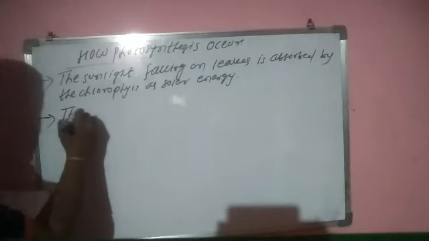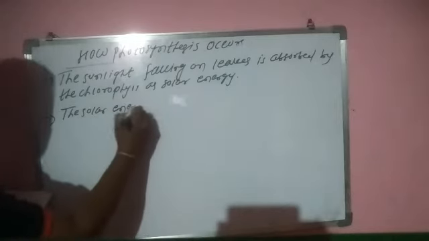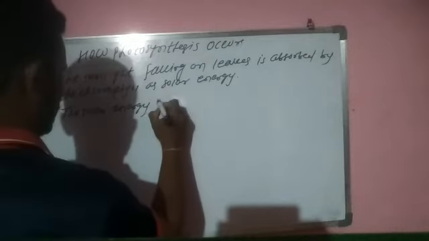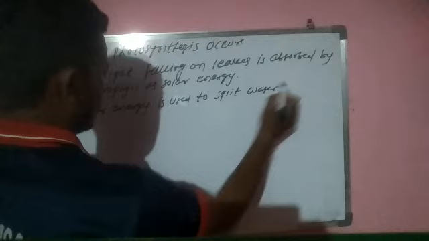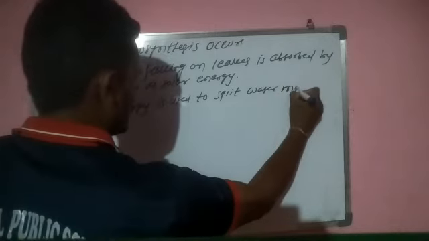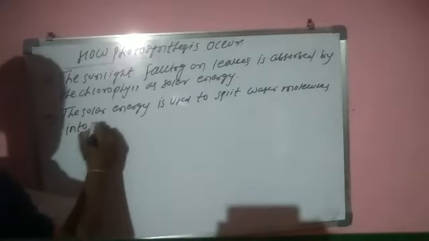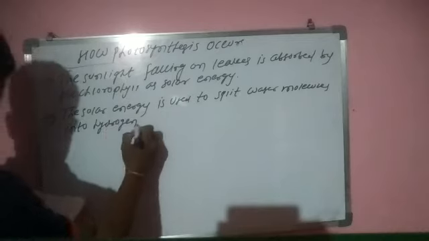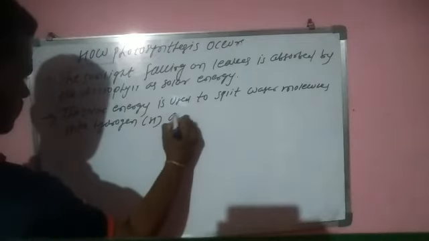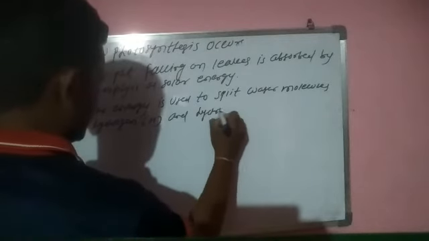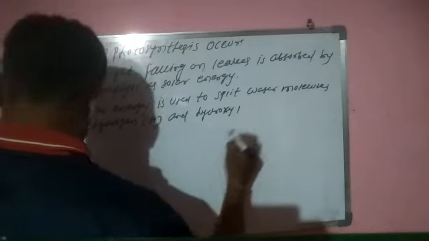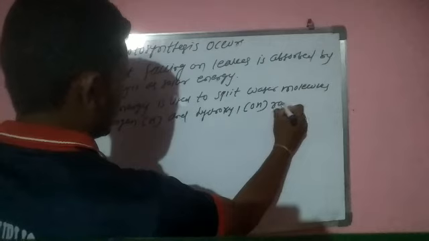The solar energy is used to split water molecules into hydrogen H and hydroxyl OH radicals.